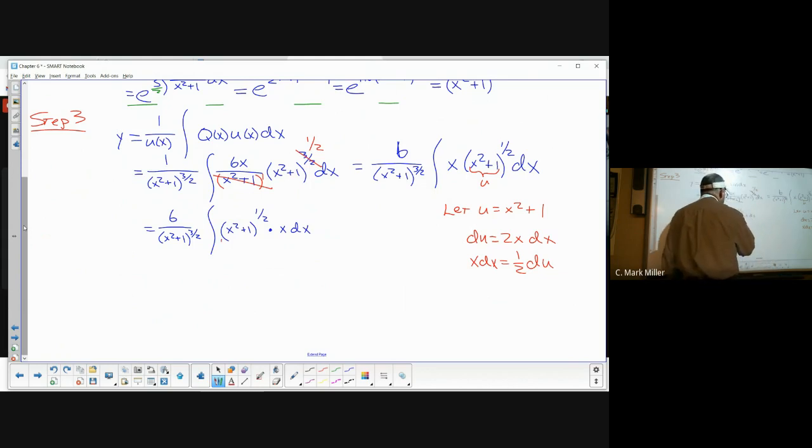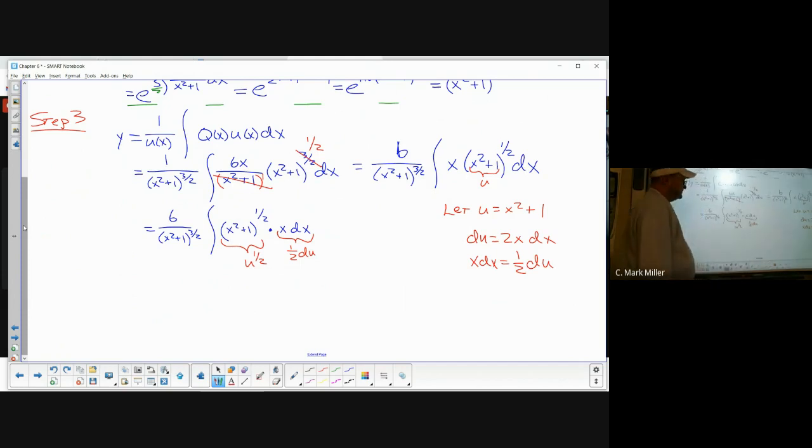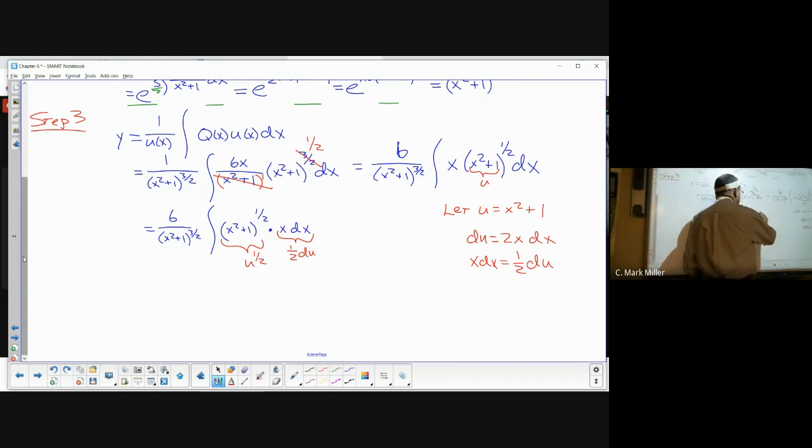So this right here is U to the 1/2, and this right here is 1/2 du. And so that gives you 6 x squared plus 1, 1/2.